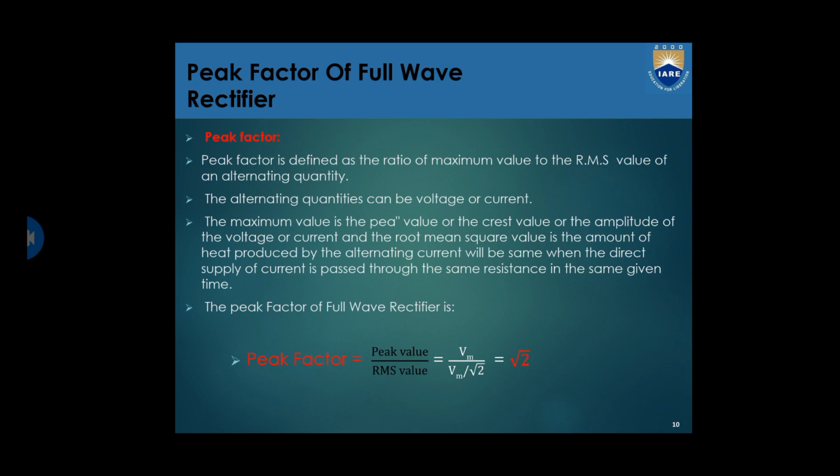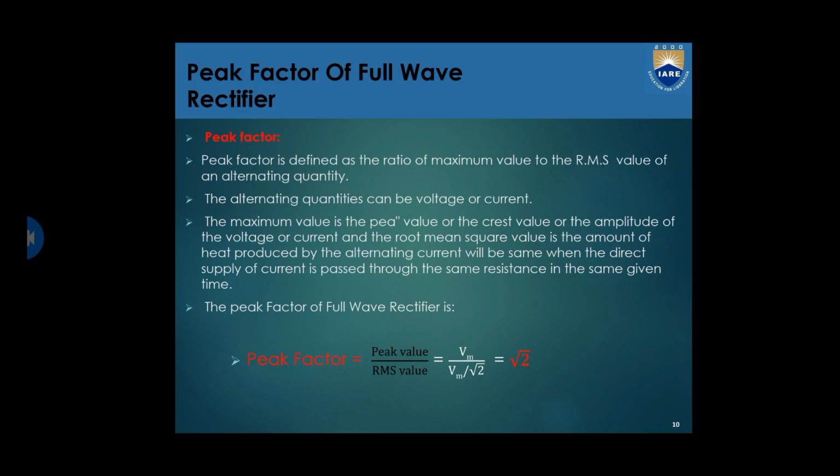The maximum value is the peak value or crest value of the amplitude of the voltage or current, and the root mean square value is the value at which the heat produced by the alternating current will be the same as when a direct current is passed through the same resistance in the same given time. The peak factor of the full wave rectifier is equal to peak value divided by RMS value.